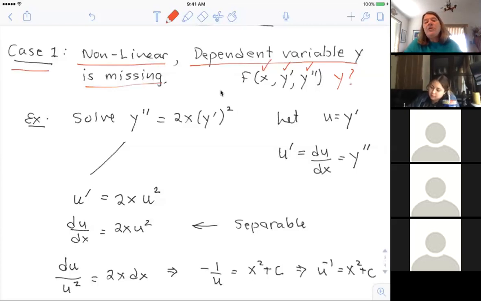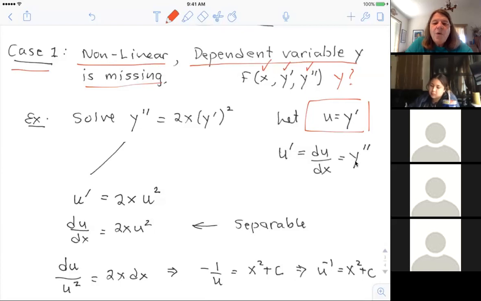It's actually solved pretty easily. If we see that situation, we're going to let u be y prime. We're going to kind of reduce the order of this thing and see what happens. If I let u be y prime, and they're both functions of x, then u prime, or du dx, is going to be y double prime.